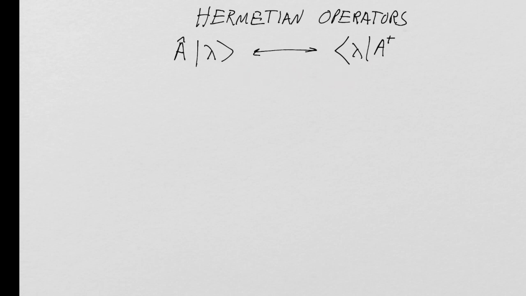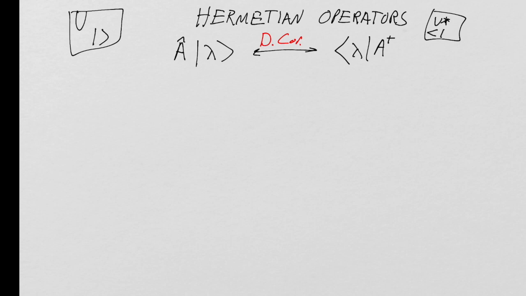And this relationship is a dual correspondence. Without going into detail, we're talking about the vector space here, and the dual space here. So this is the dual space of bras and the vector space of Kets. And presumably our physical states live over here.